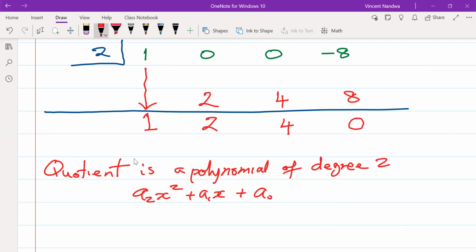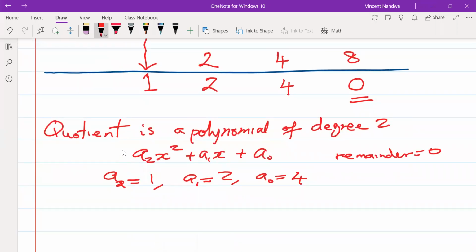So which means a2 is given by, from the third row, 1, and then a1, 2, and then a0, 4. Remember, the last number is the remainder. So remainder is 0. Okay?